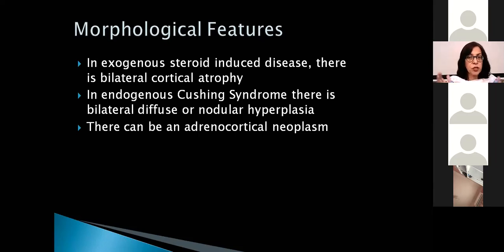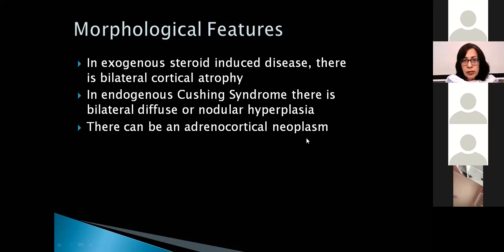If the patient is taking steroid from outside, ACTH will be reduced and both adrenals will be atrophied. In endogenous Cushing syndrome, there is bilateral diffuse or nodular hyperplasia, and thirdly there can be adrenal neoplasm.